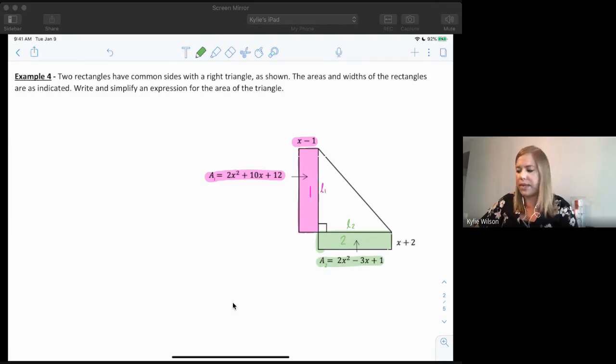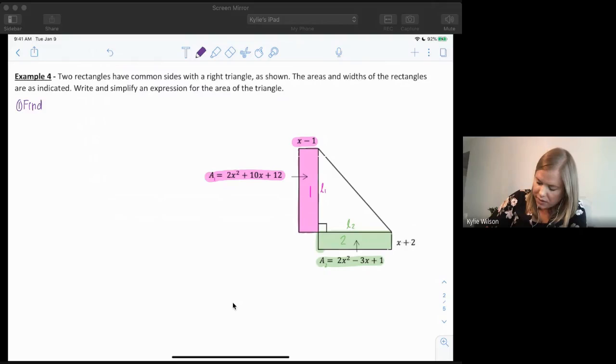So now we're going to start by finding the base and height of the triangle, or L1 and L2. So we're looking for L1 and L2.